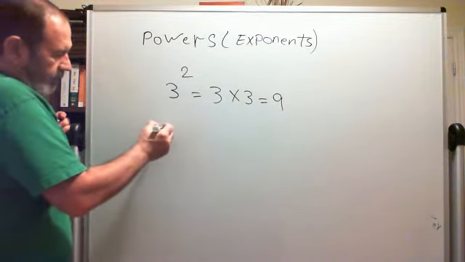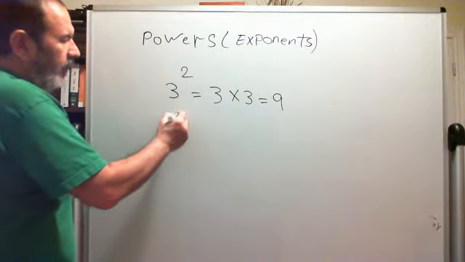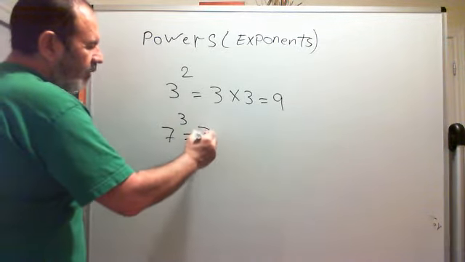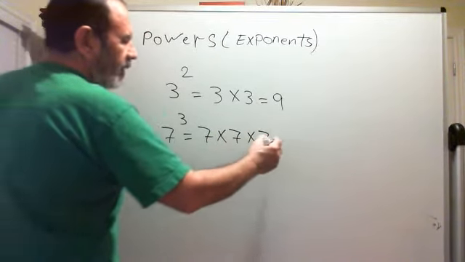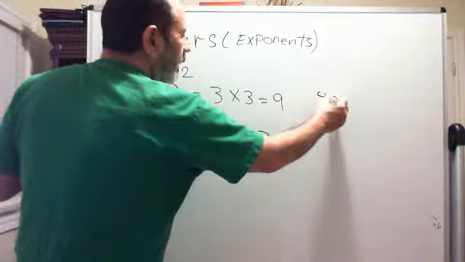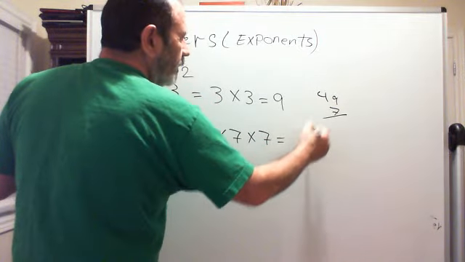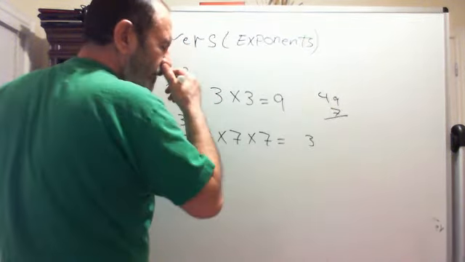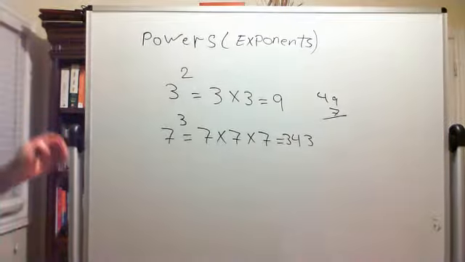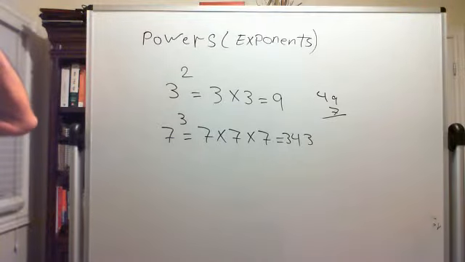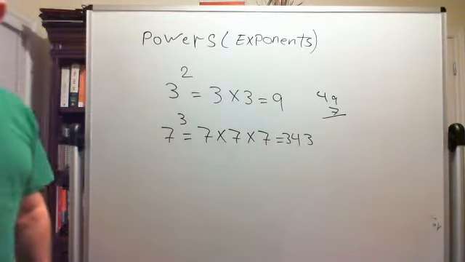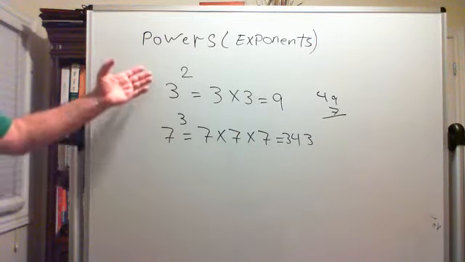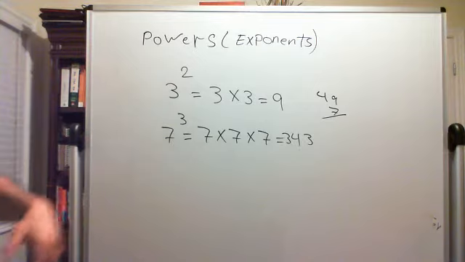Or 7 to the power of 3, it means 7 multiplied by itself 3 times. 7 times 7 is 49, and 49 times 7, 7 times 9 is 63, 7 times 4 is 28, plus 6 is 34, if I don't make a mistake. Yeah, 7 to the power of 3 means 7 times 7 times 7, which is 343. This is the meaning of power.